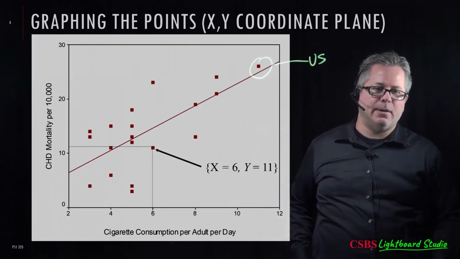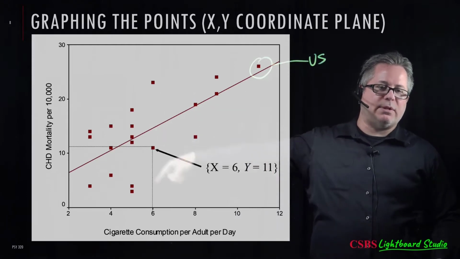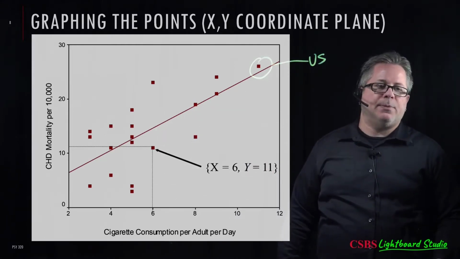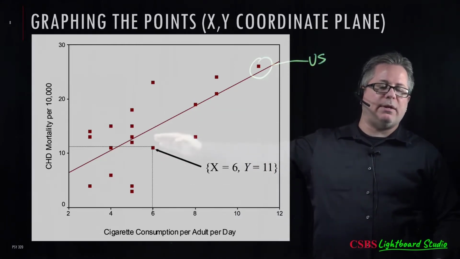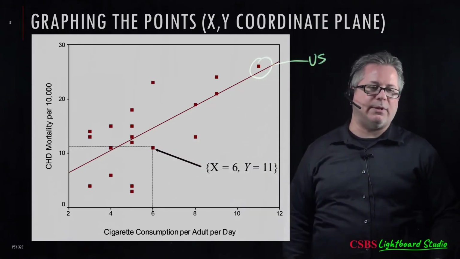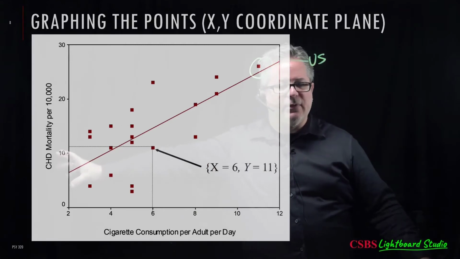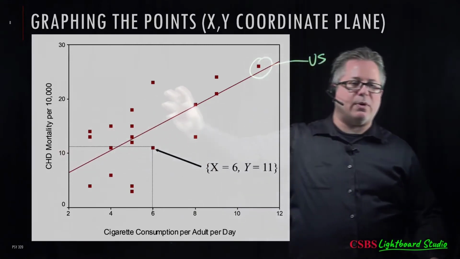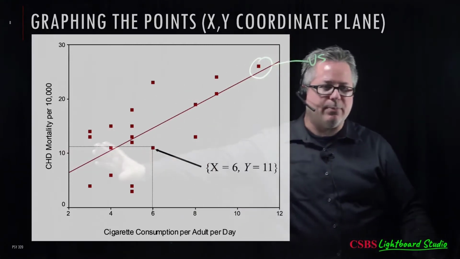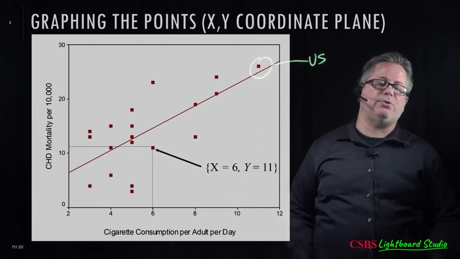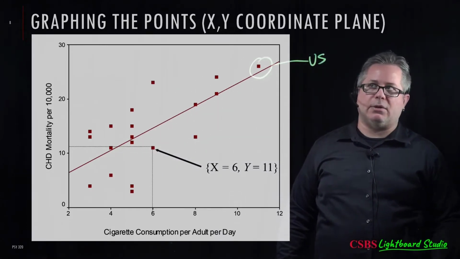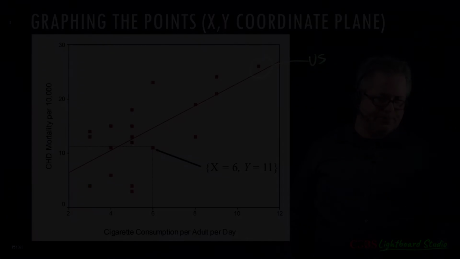Each one of these points represents a country on the list. The line I put in there, we're going to talk about later when we get to regression. It's just here to give us a general idea that there is a movement from the lower left to the upper right, telling us there is at least a positive direct relationship between smoking and coronary heart disease in these countries.